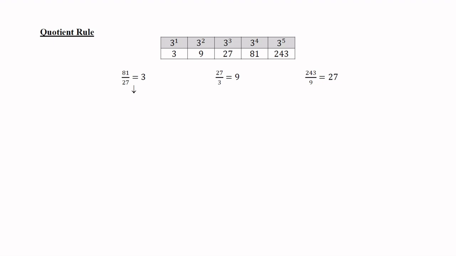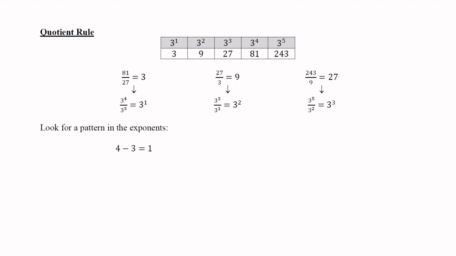So let's rewrite all 3 of these using our powers of 3. We do that for the first, the second, and the third. And let's see if we can find any pattern in the exponents. So on the first one, we have 4 and 3 equals 1. What operation do we need to do to have 4 blank 3 equals 1?